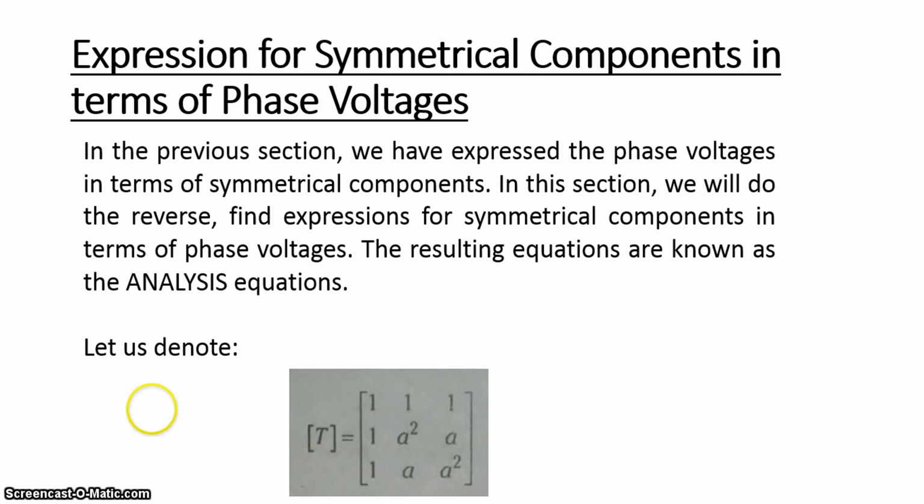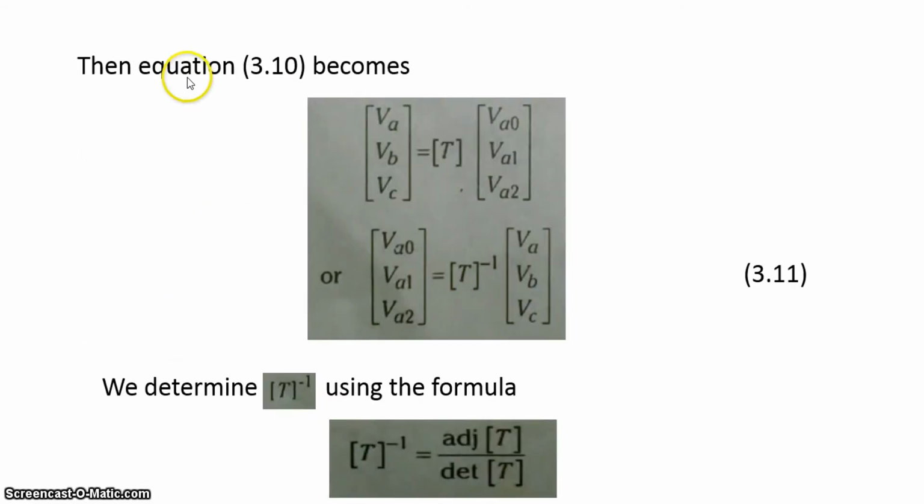Let us denote matrix T equals 1 1 1, 1 operator A square operator A, 1 operator A operator A square. Then the above equation becomes matrix of VA VB VC equal to matrix T into VA0 VA1 VA2.